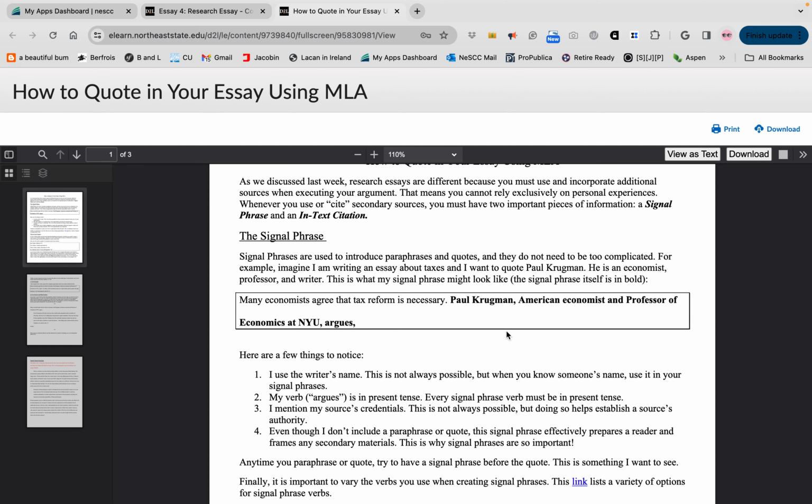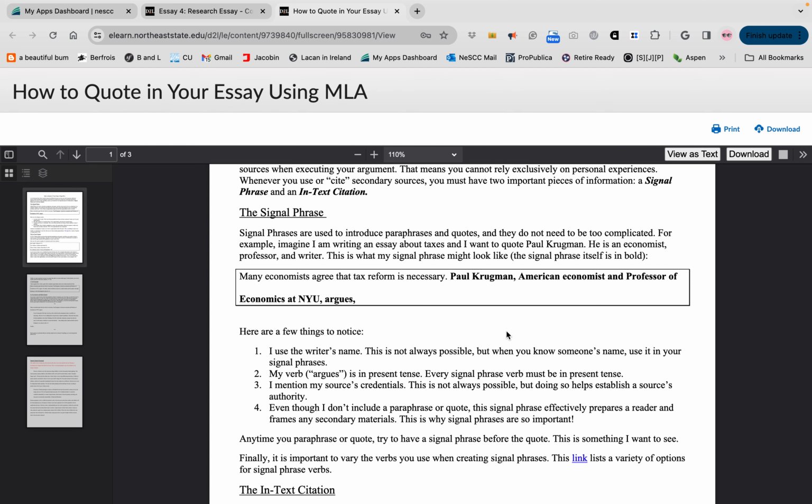It might give your reader, if you have a single author, an indication of the author's name, perhaps their credentials, etc. But it could be something as simple as this: Paul Krugman, and again, my apologies if you can hear my son coughing, but Paul Krugman, American economist and professor of economics at NYU, argues. That's it. That's all you need for a signal phrase, which is to say something you would use to introduce borrowed material like a direct quote.